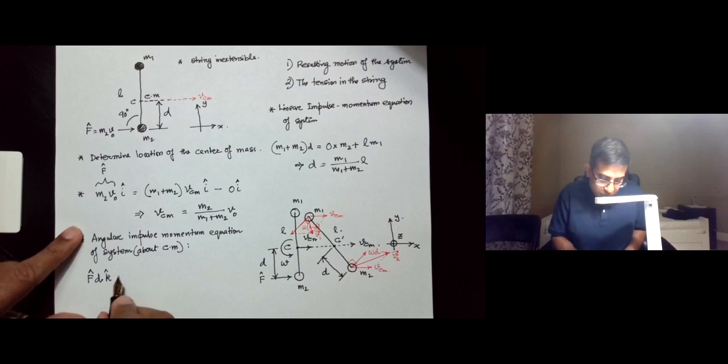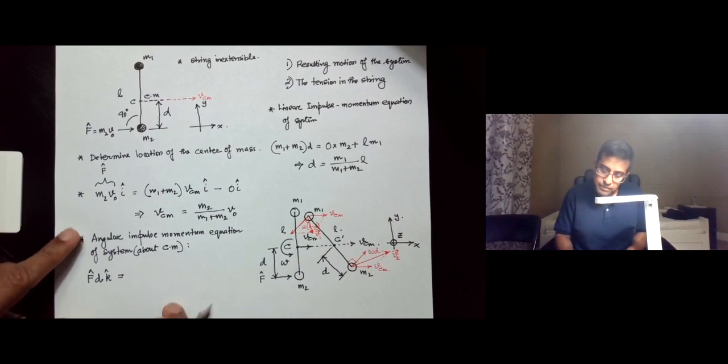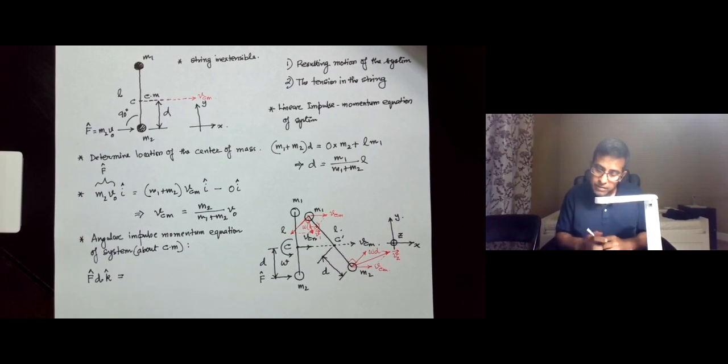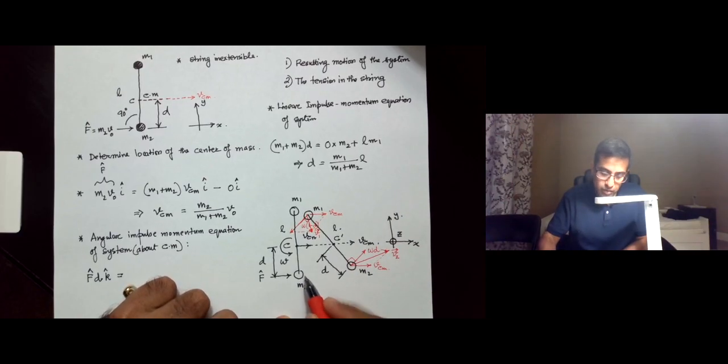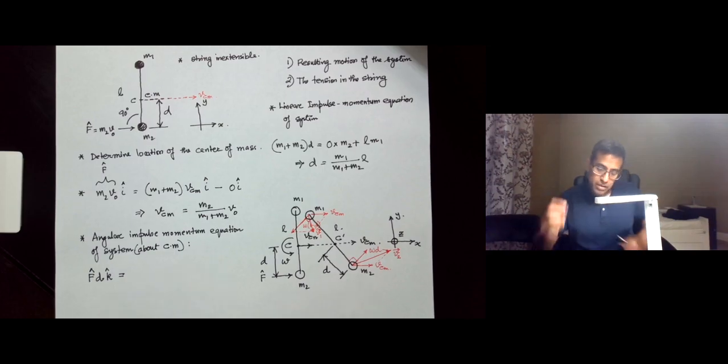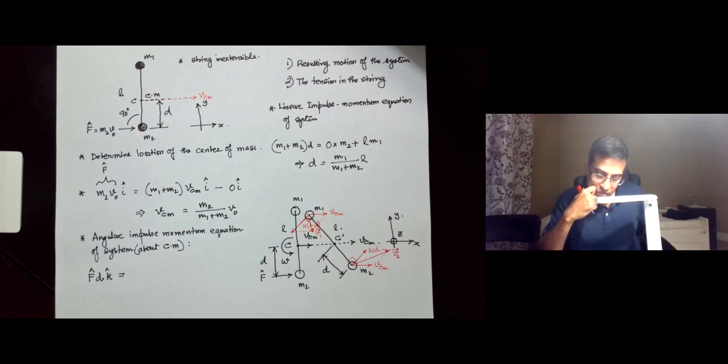Alright, so this is equal to, now if we look at the velocities that will be produced in this system at the instant, let me just do one quick thing here.